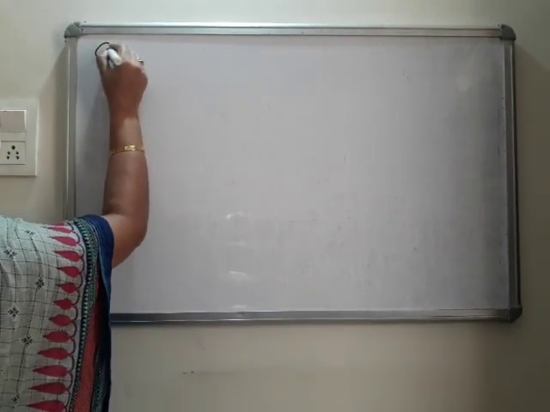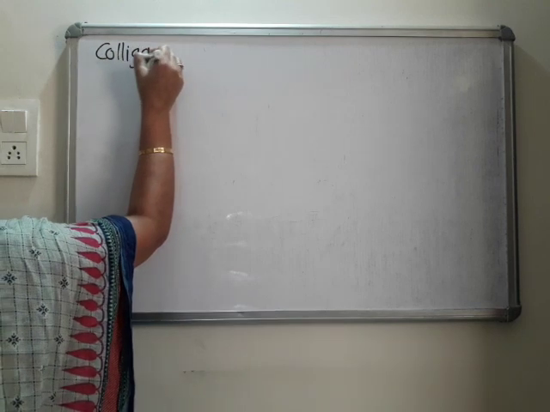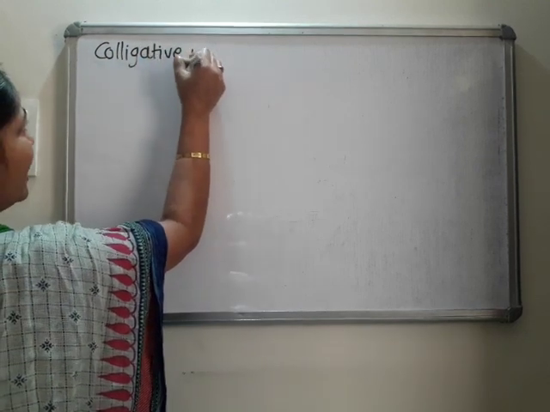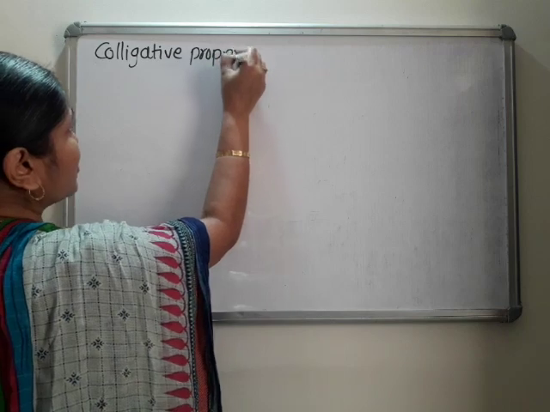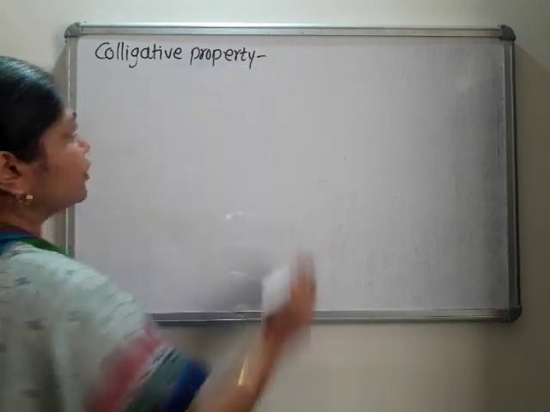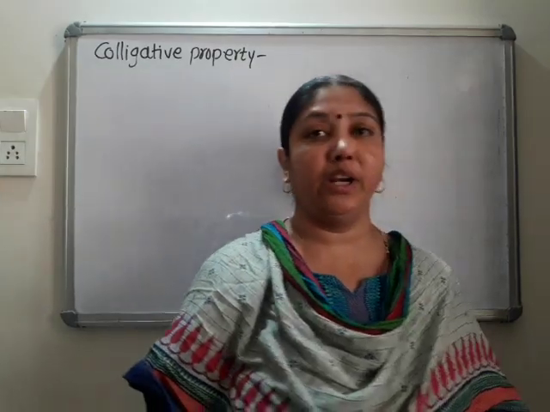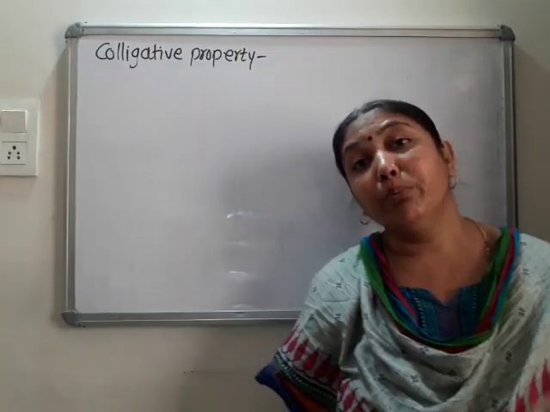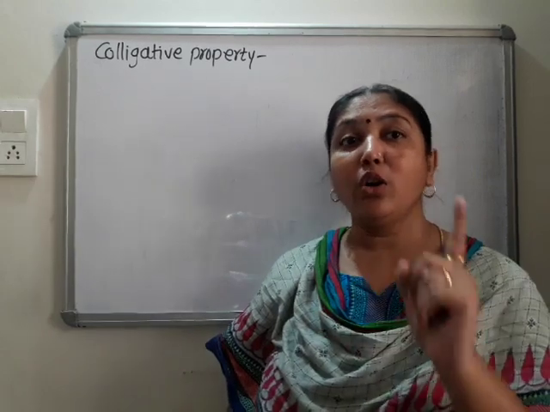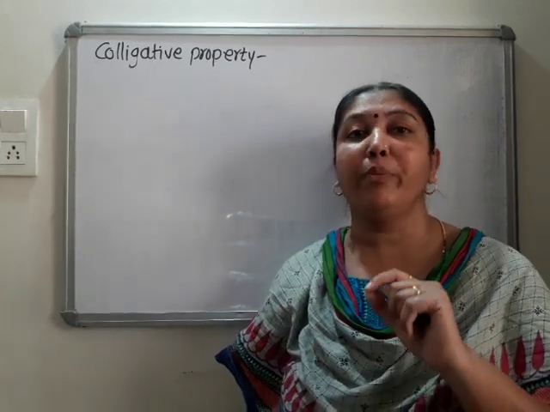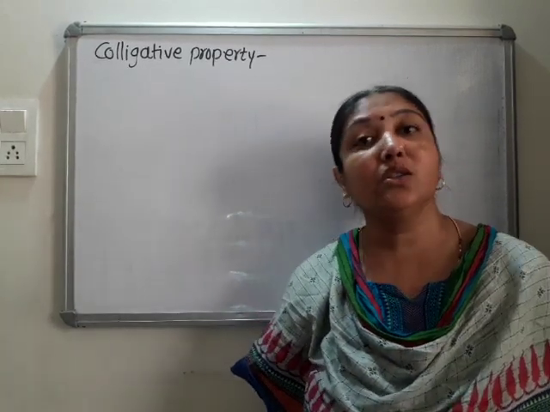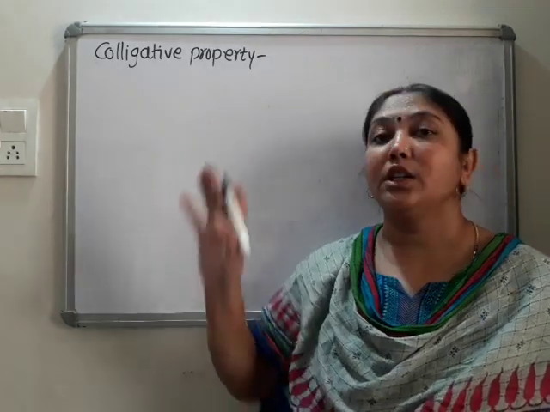Now we will start with a new point, and a very important point. What is it? That is known as colligative property. So what is meant by colligative property? A property which depends on the number of particles and not on the nature of particles, solute particles, is known as colligative property.